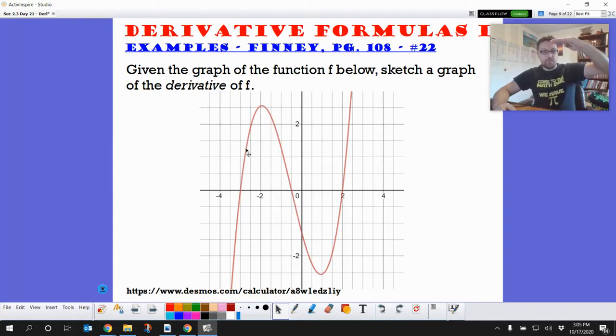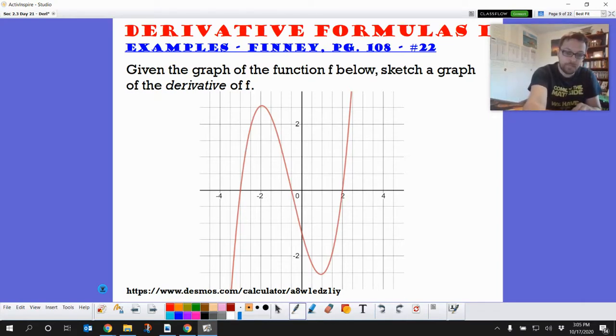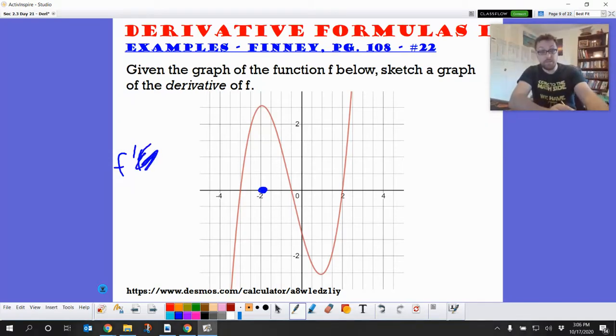And when it turns flat up top, its value is 0 because the slope of our tangent line is 0 at that point. So I could say that right here, if I'm graphing f prime of x, so f prime, the derivative, it should be 0 at that point.